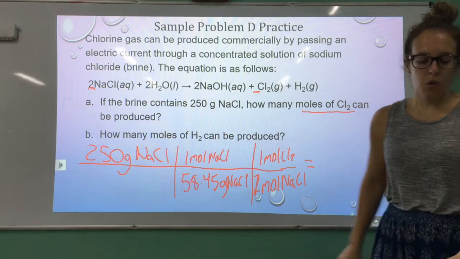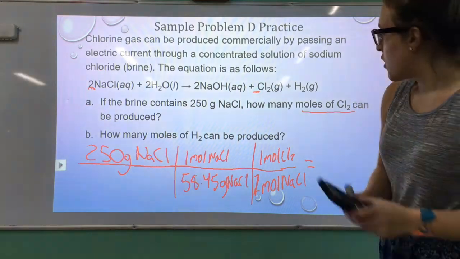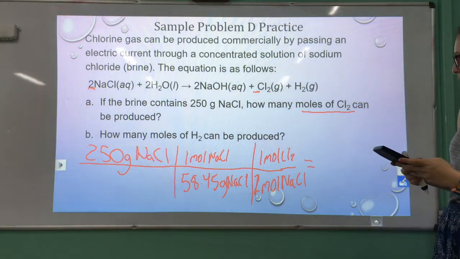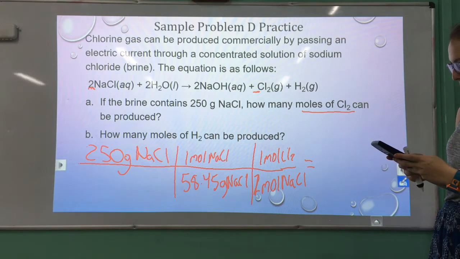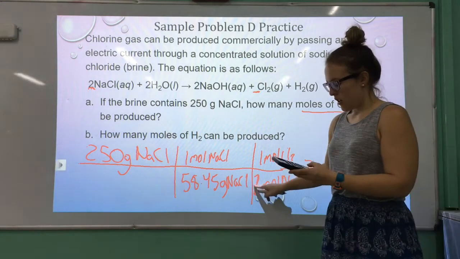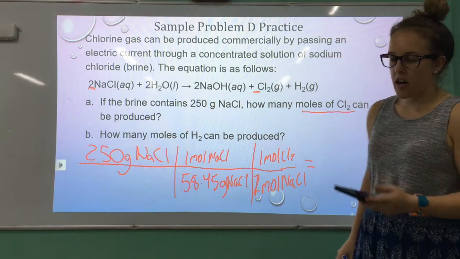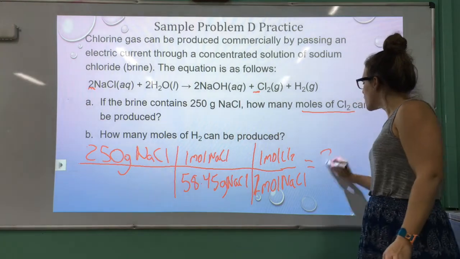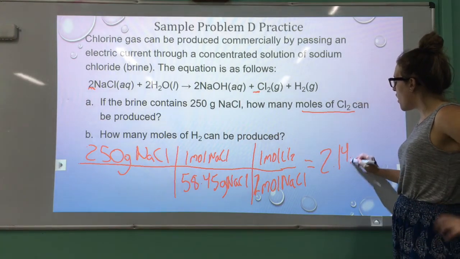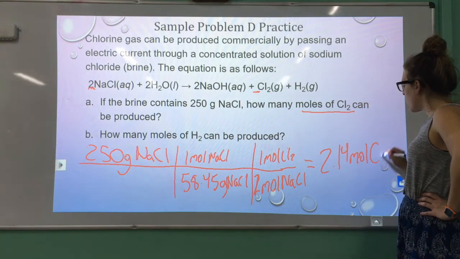So if we do the math out, we say 250 divided by 58.5 times 2, so divided by both of these together, gives us 2.14 moles of chlorine.